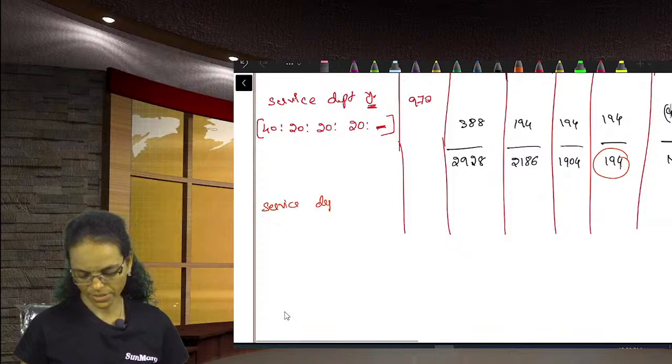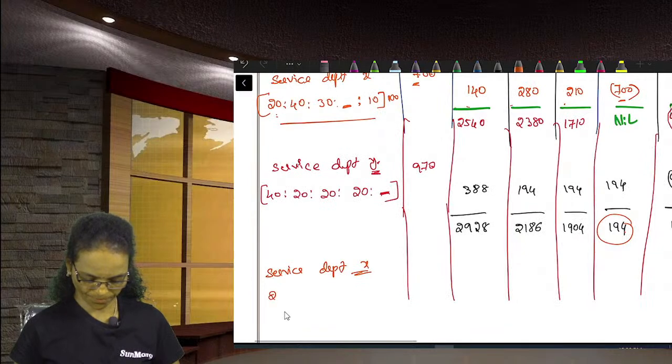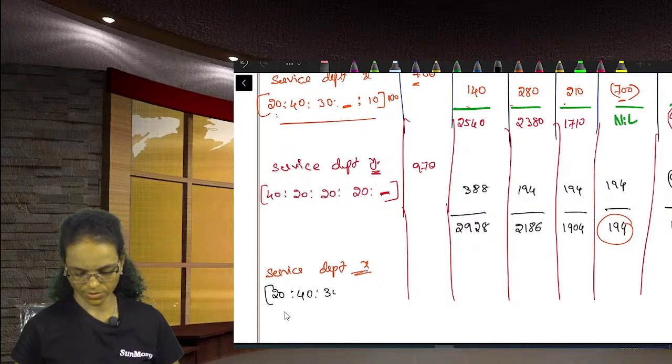Service department X, in what ratio? It is already given, 20:40:30:10.